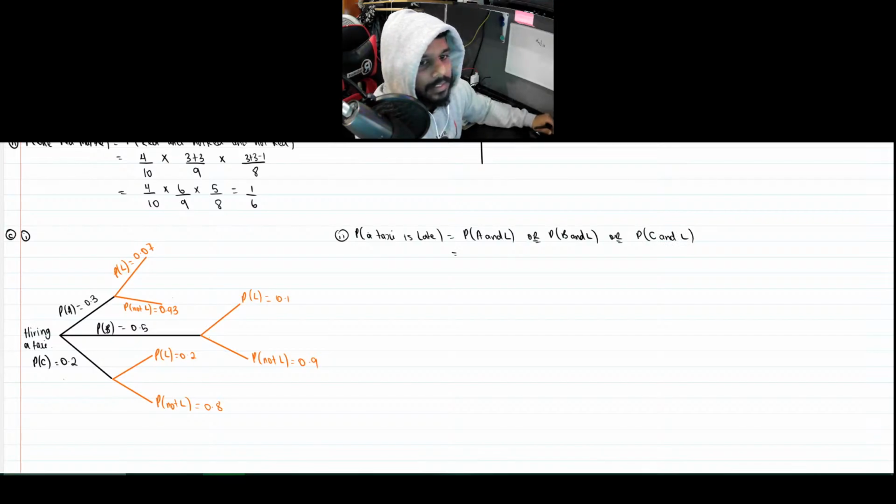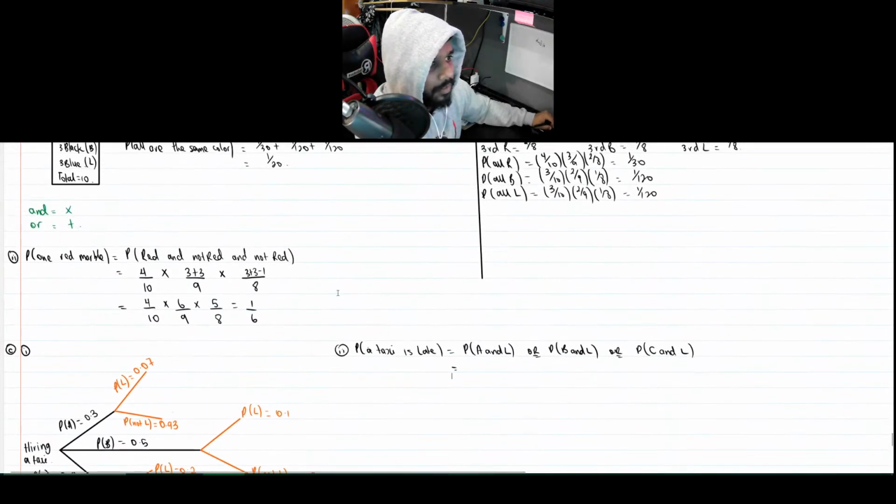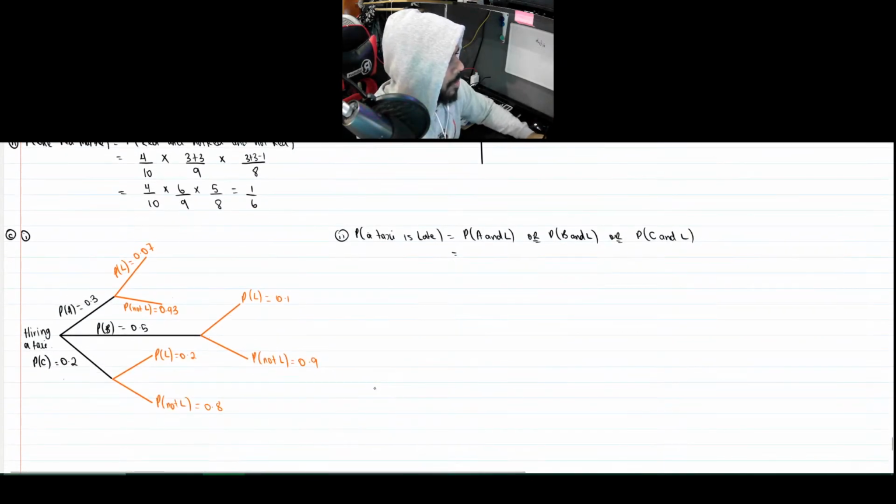Remember, and is multiply, or is plus. So the probability of A and late is 0.3 multiplied by 0.07, plus B and late, 0.5 by 0.1, plus C and late, 0.2 by 0.2.